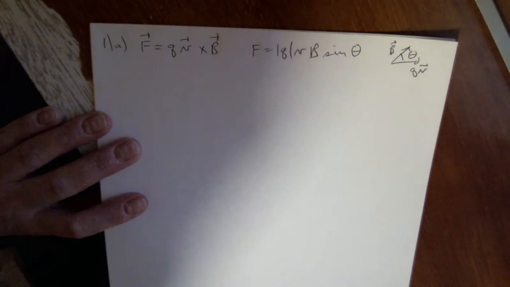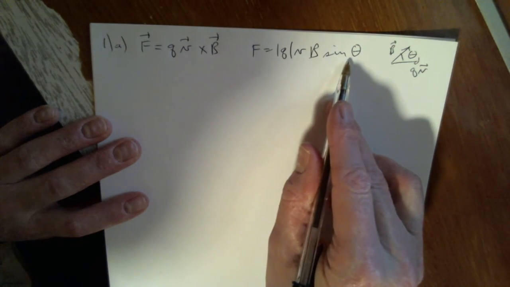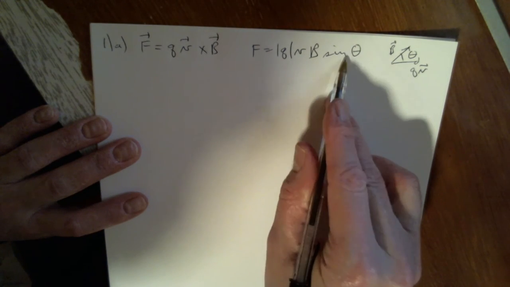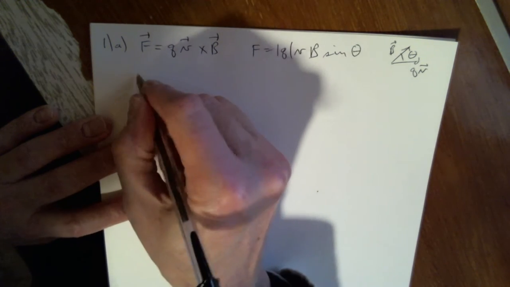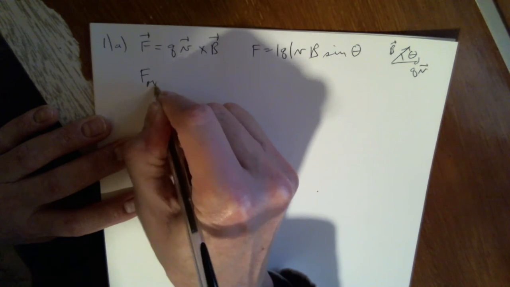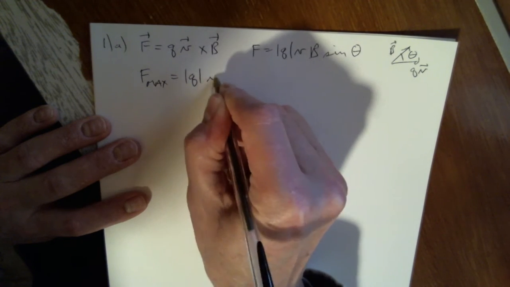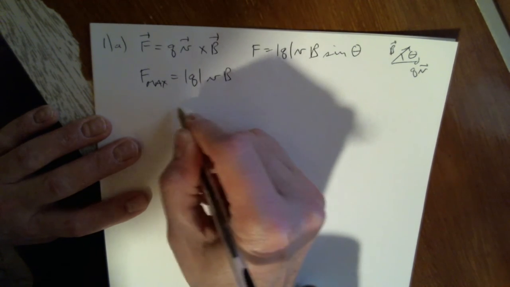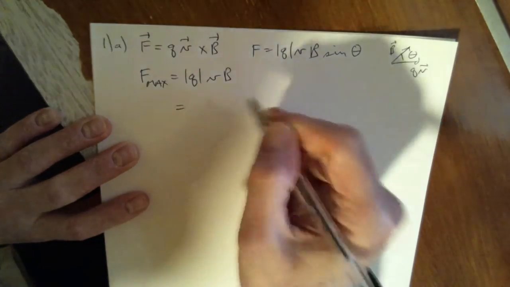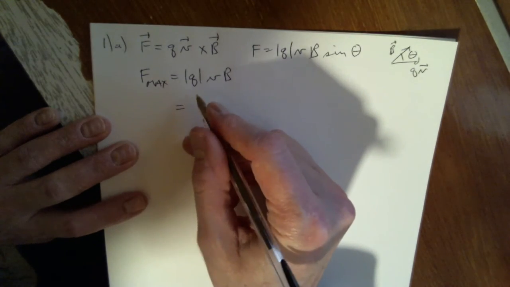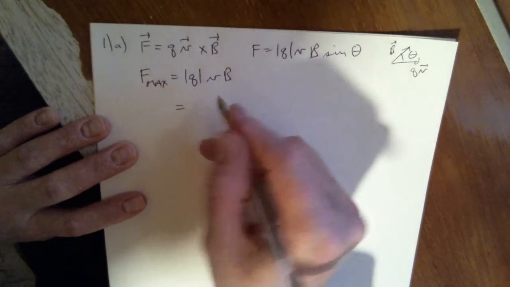Okay, so the maximum value of this magnitude occurs when sine theta has its maximum value. The maximum value of sine theta is 1. So the maximum value of the force is the magnitude of Q times the speed times the B field magnitude. This is an electron, so it has charge minus e, where e is the fundamental unit of charge.